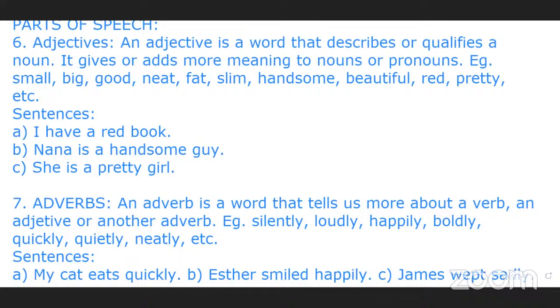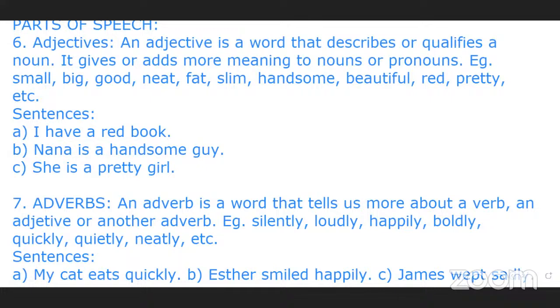So I have a red book. The red is qualifying the book. Nana is a handsome guy. The handsome is qualifying the guy. And then she's a pretty girl. Pretty is qualifying the girl. So red, handsome, pretty are all adjectives.